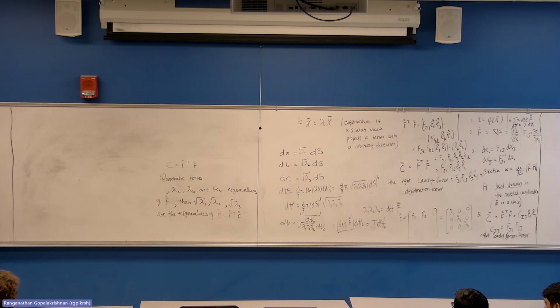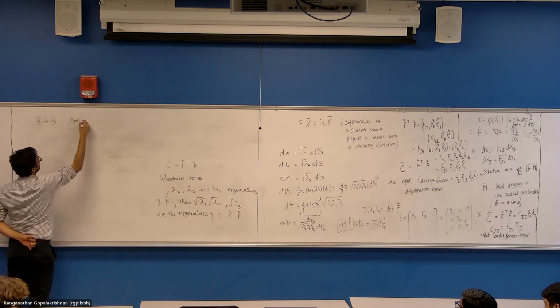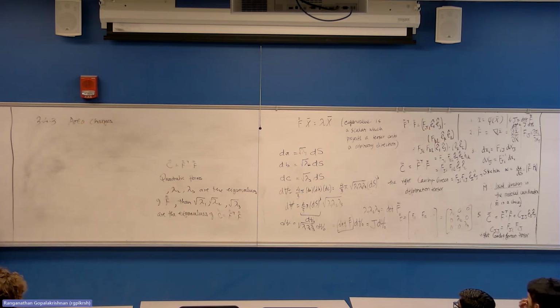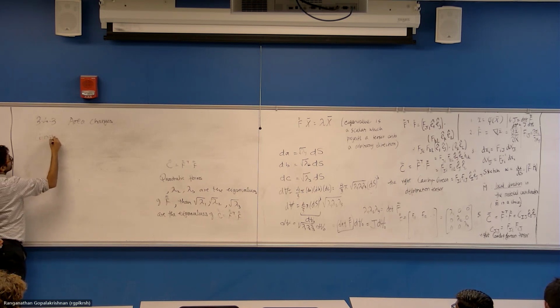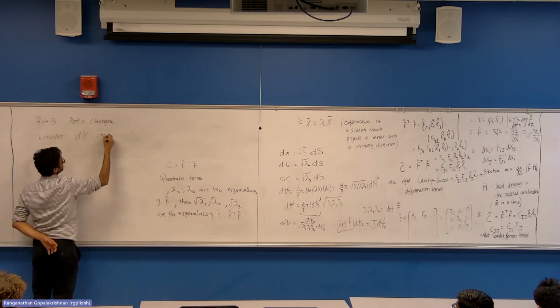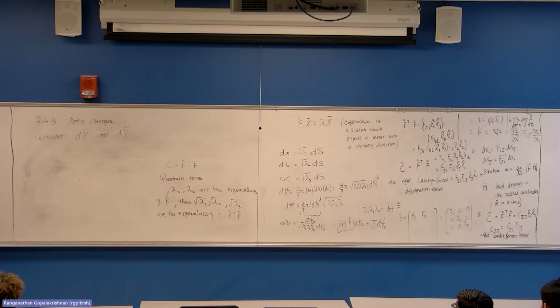Okay. Now that we talked about volume, let's talk about area changes. Consider dx and dy, two material vectors.